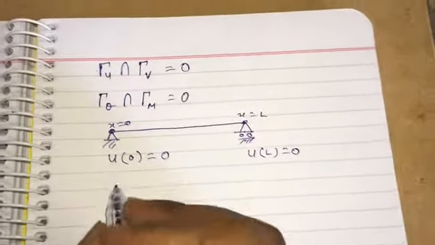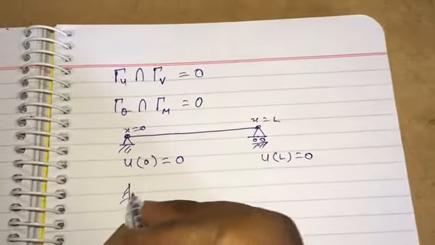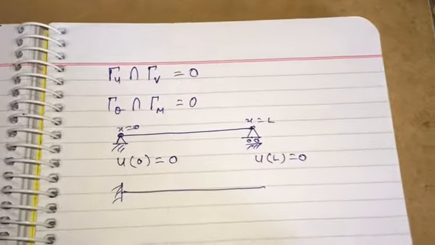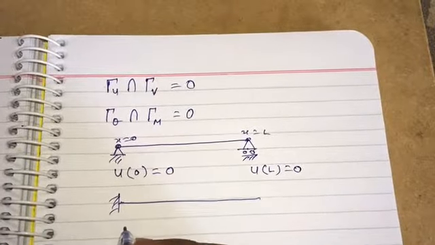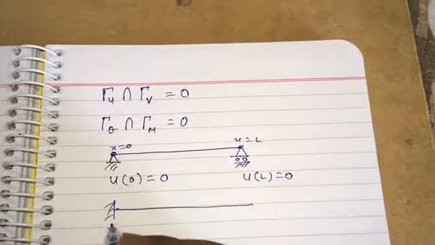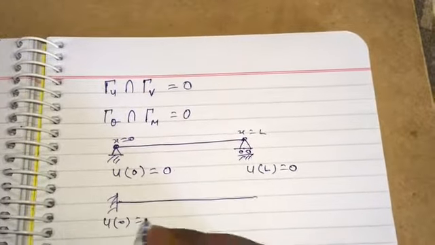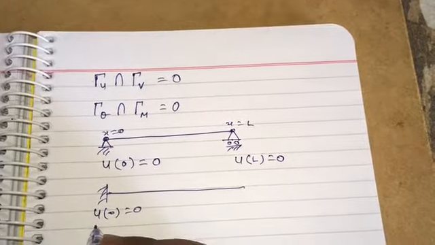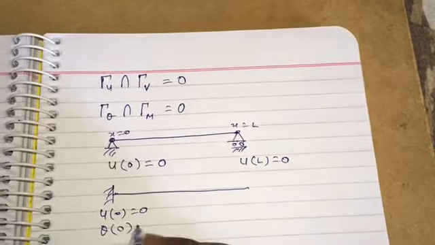Now instead of this type of support, if you have something like this, then you will say u(0) equal to 0 and theta(0) also equal to 0.